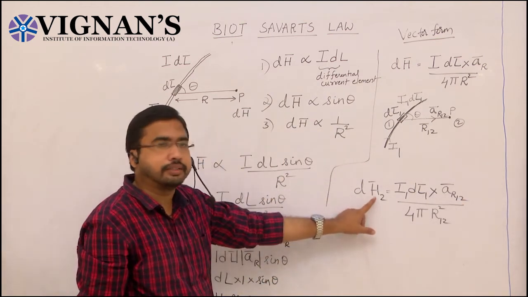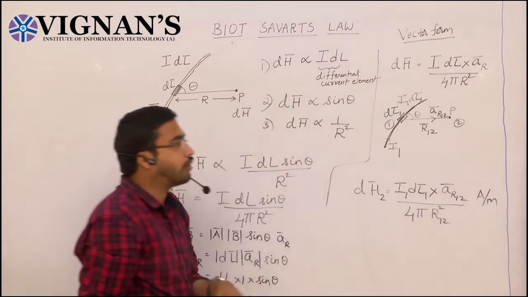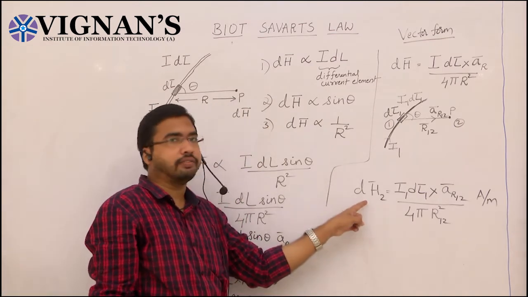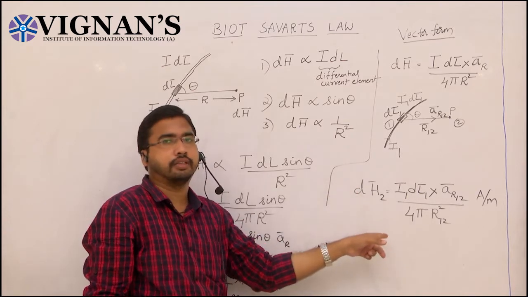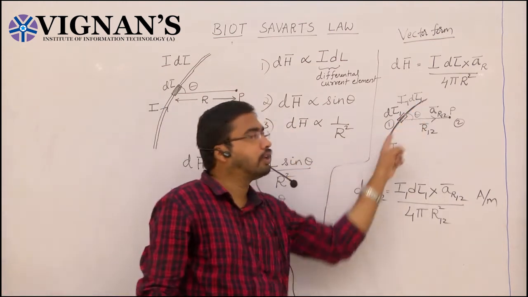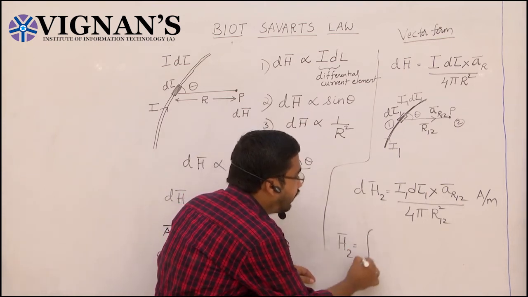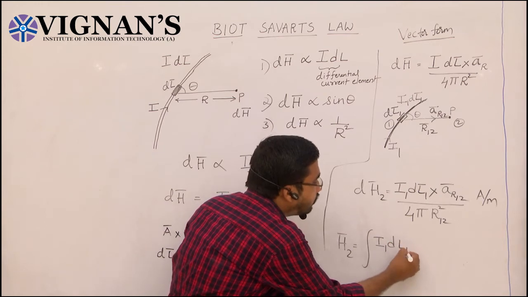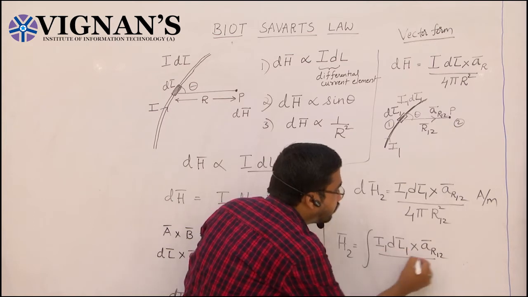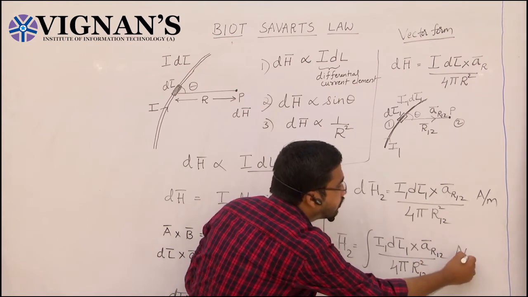What is the unit for magnetic field intensity? Ampere per meter. Now if you want to find the complete magnetic field intensity, then simply integrate on both sides, so that you will get the complete magnetic field intensity due to this whole length of the conductor, so that your H2 will be equal to integral I1 dl1 cross ar12 by 4 pi r12 square, amperes per meter.